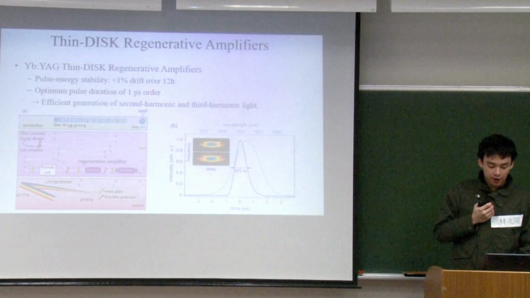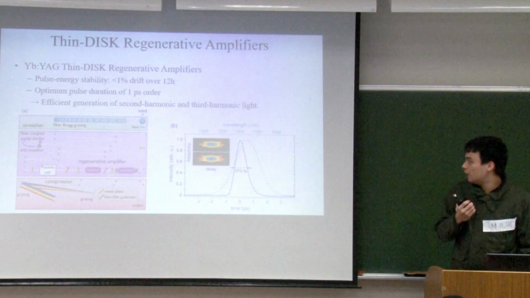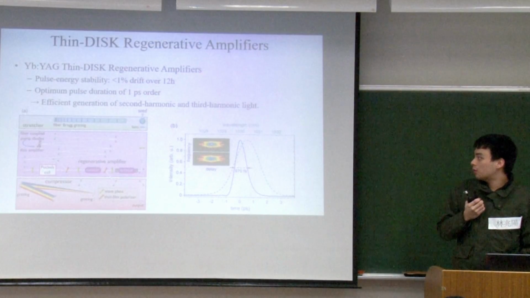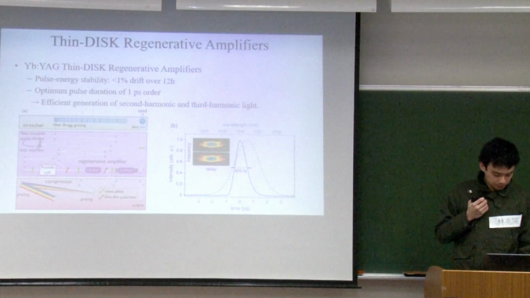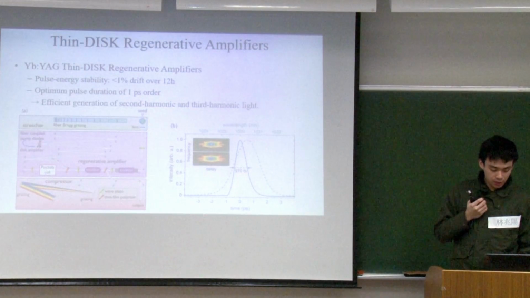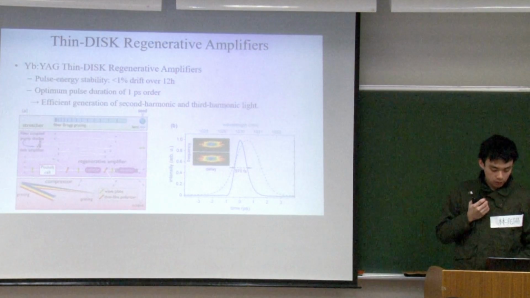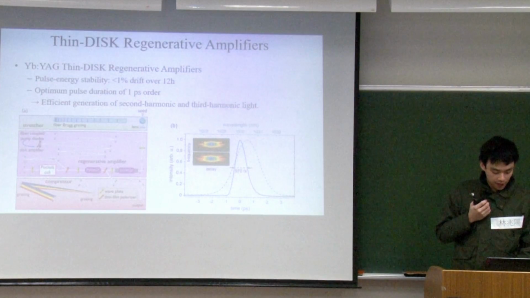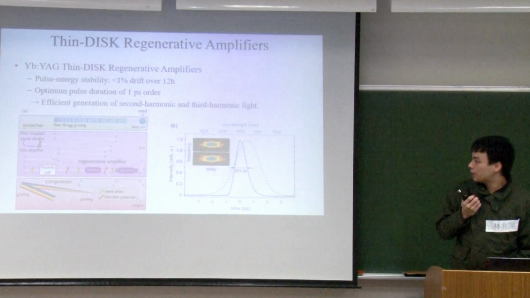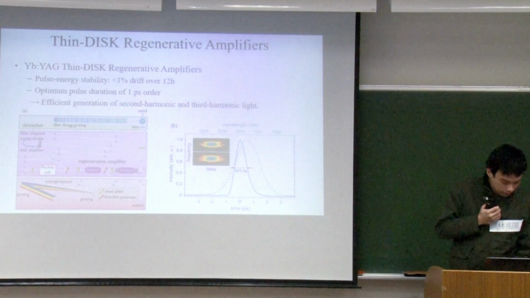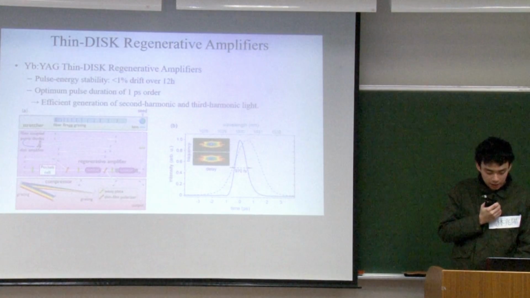A regenerative amplifier is simply an amplifier with high pulse energy stability. And figure A shows the schematic of this regenerative amplifier. As you can see, we seed the amplifier with the CEP stabilized pulse, and we stretch it with the fiber Bragg grating.